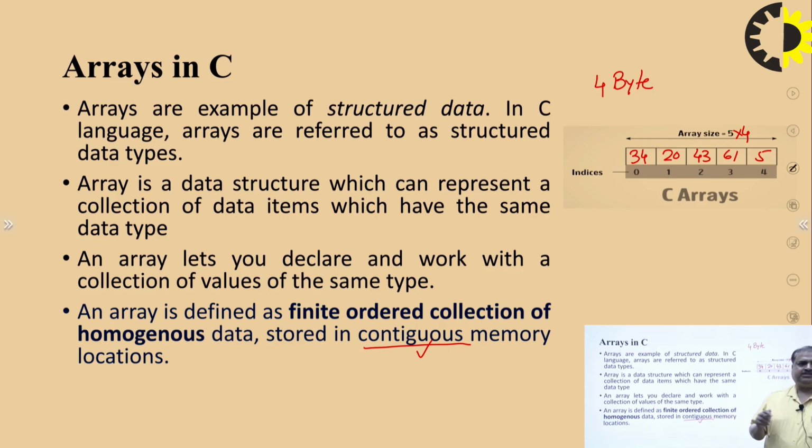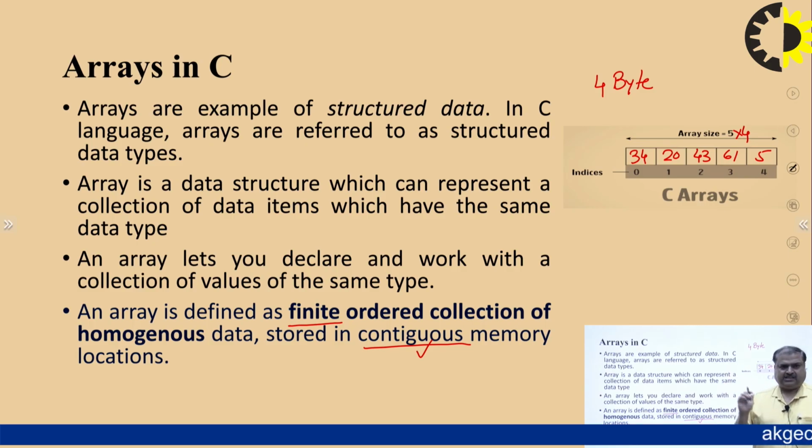Let's try to understand each keyword available in this definition. What is the meaning of finite? Finite means whenever we are going to use an array, the size of the array must be defined. We cannot say that I am declaring an array of type character but I am not giving the size.